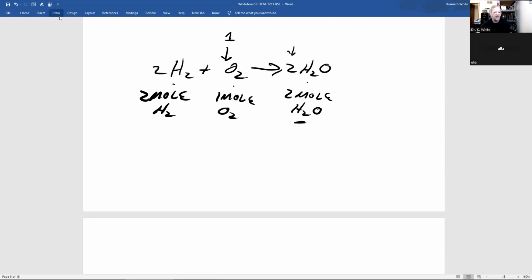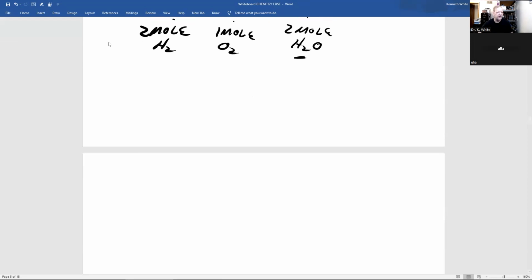Where do we get those numbers? From the coefficient. 2 moles of hydrogen. When there's no coefficient, it's the number 1. 1 mole of oxygen makes 2 moles of water.